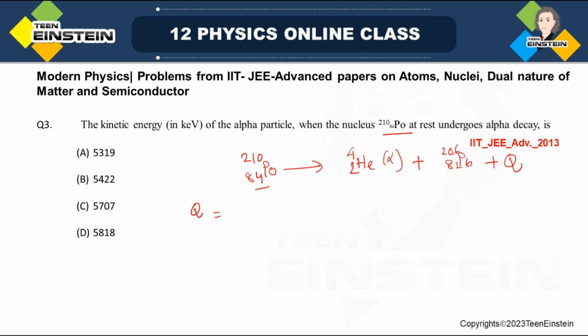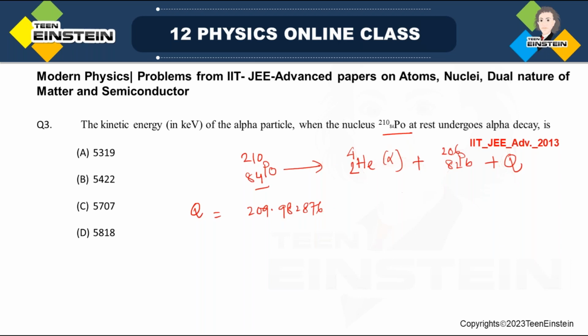Obviously you have to find out the original atomic masses of polonium. So polonium has mass 209.98286, etc. We'll try to do it in two ways. We'll just use these masses and see how different it is.